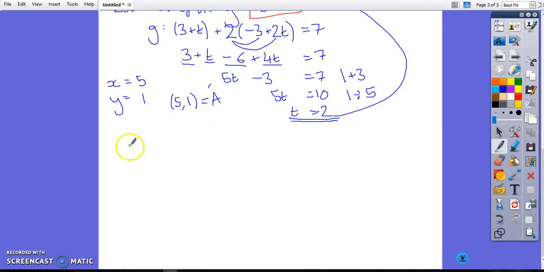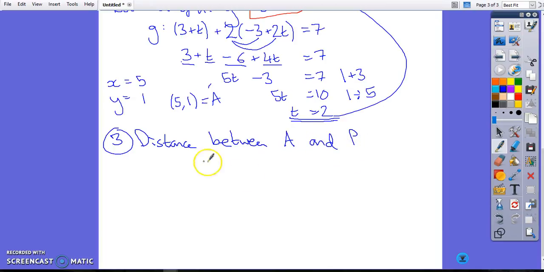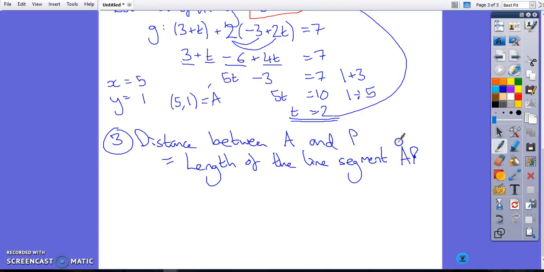And I want to find the distance between A and P, which is the same as the length of the line segment AP, which is the same as the absolute value of the vector AP.